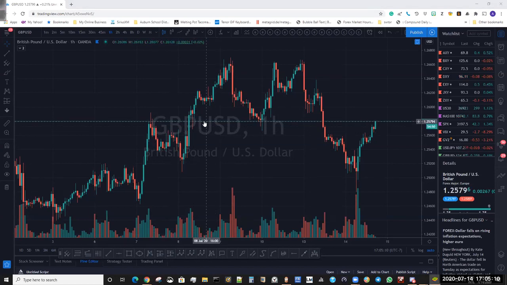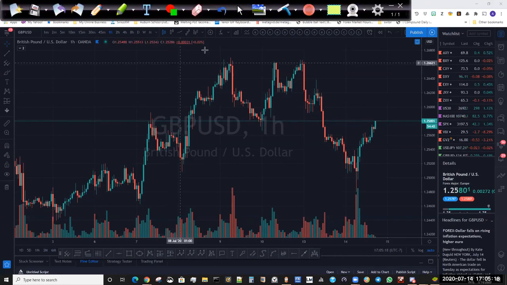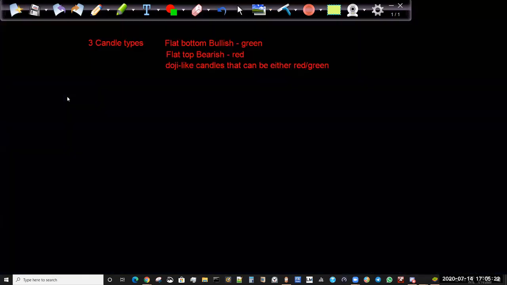Again, this is traditional Japanese candlesticks. On TradingView, you will need to have a TradingView account. That should have been gone over in the onboarding. So what are we going to need? We're going to need a free TradingView account.